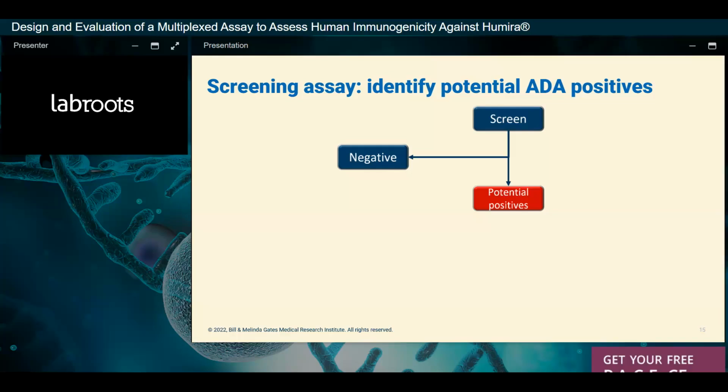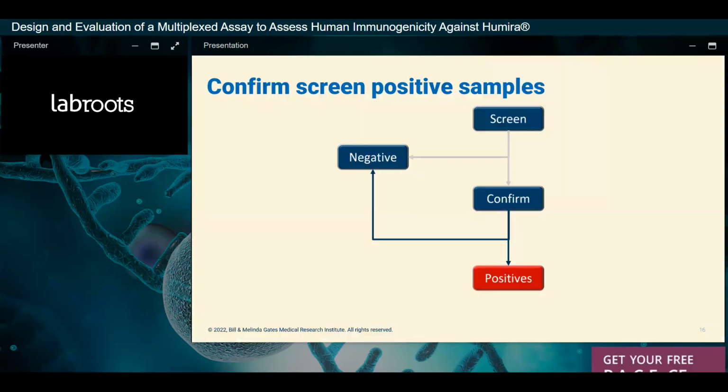Those that give you a positive signal, those that are above that particular cut point, you have to put in another assay to basically confirm that there really are anti-drug antibodies in that sample. You would do that with your screening assay, but you just add in purified drug to block that anti-drug antibody from generating a signal, and then you can confirm that it is a true positive.